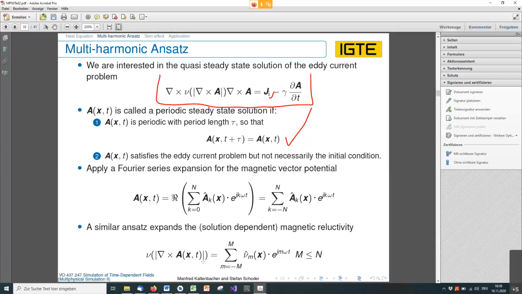And you therefore might raise the idea to also decompose the reluctivity into a harmonic series. You can see this at the bottom of the slide.